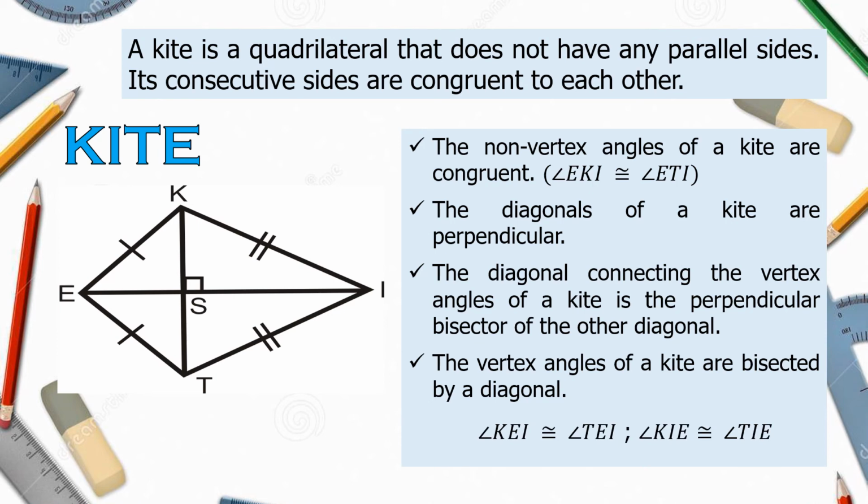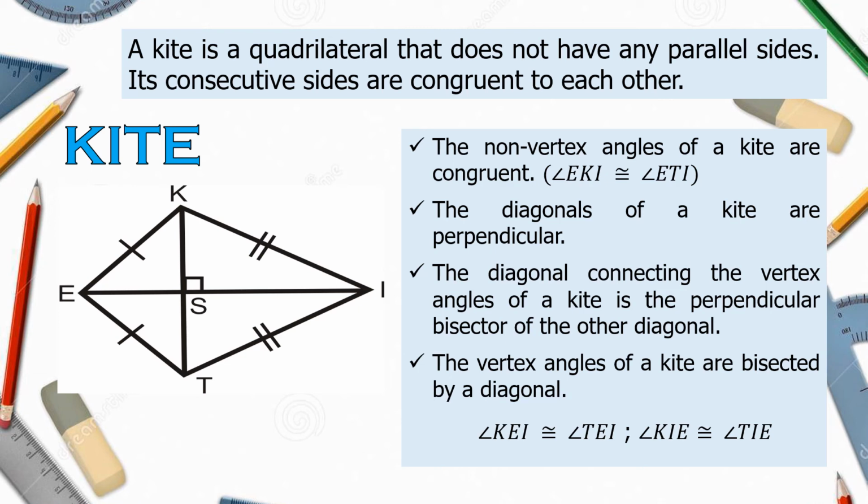So, here we have KEI, the angle KEI is congruent to TEI. And then, KIE is congruent to TIE. So, i-analyze na lamang ang figure.